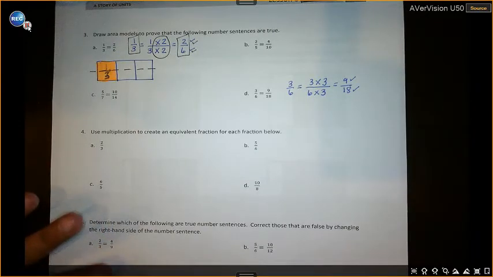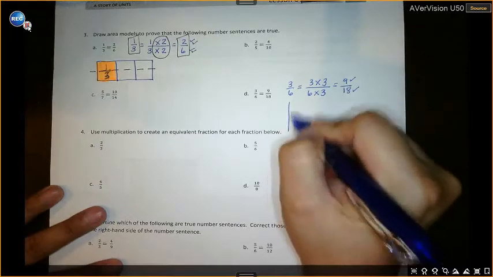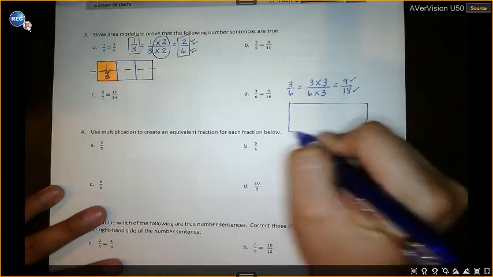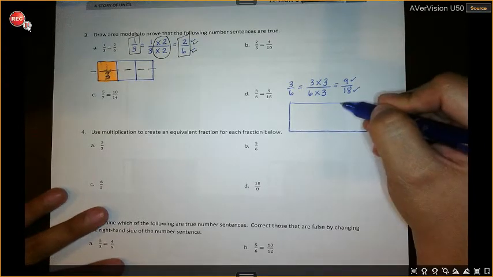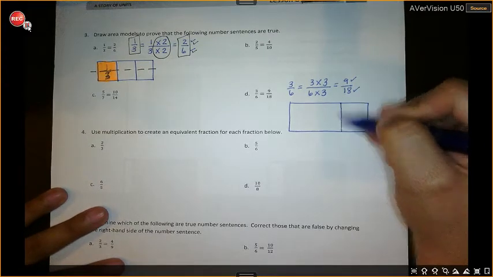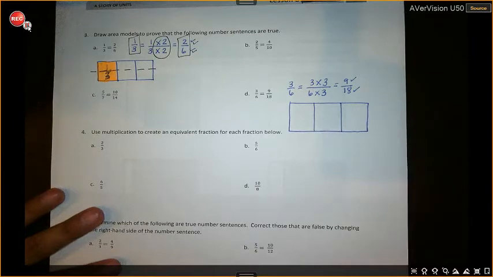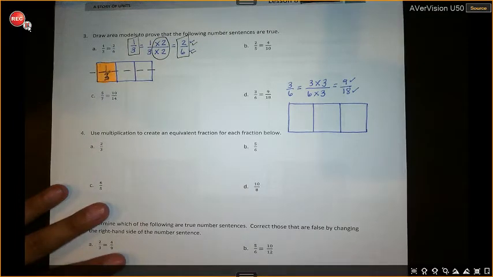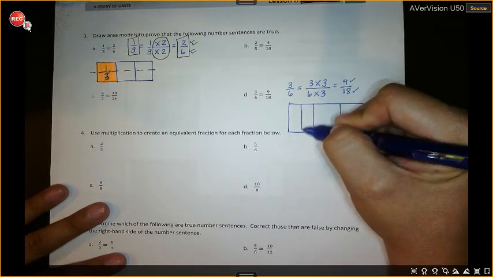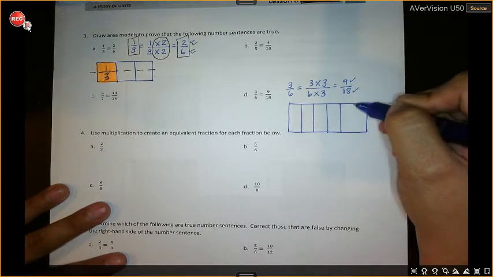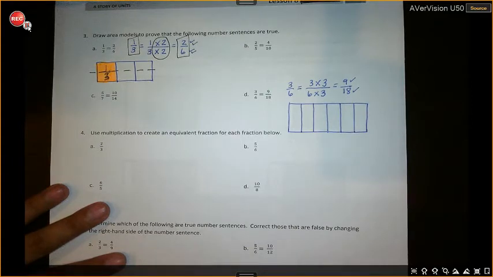Now I'm going to model this using an area model. So I'm going to represent 3/6. So I'm going to divide it into thirds. And how do we go from thirds to 6? Yes, divide each third into half. Okay, now I'm going to label it.